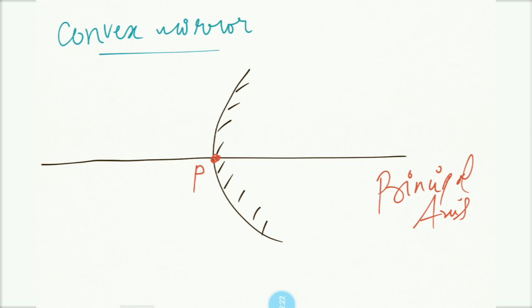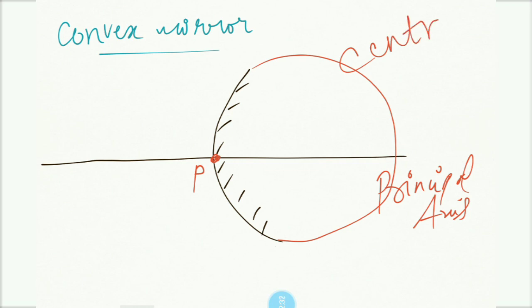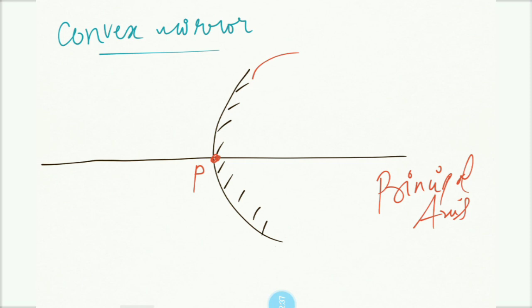This also will make a circle like this, right? This will also make some circle of this sort. Now this is also going to have a center, right? That center of that circle, approximately I am drawing, maybe this is the center of curvature. We all know this.